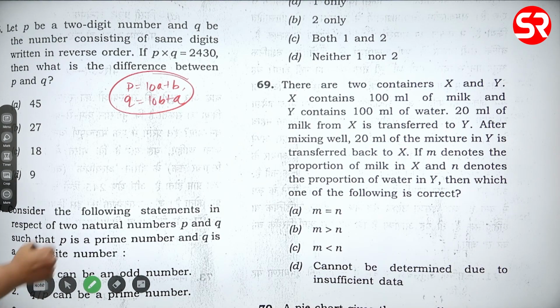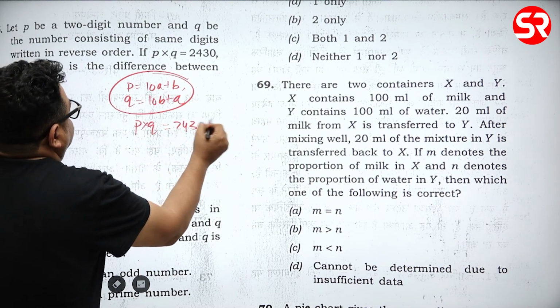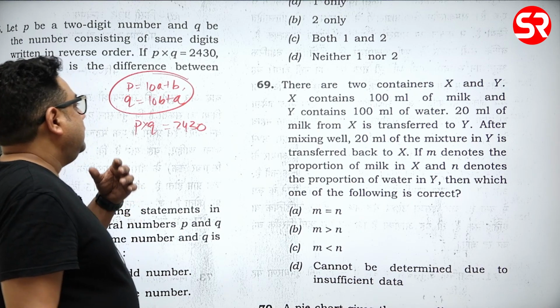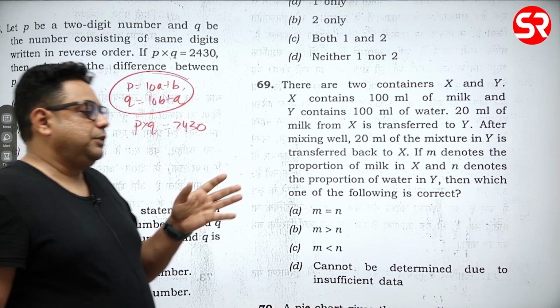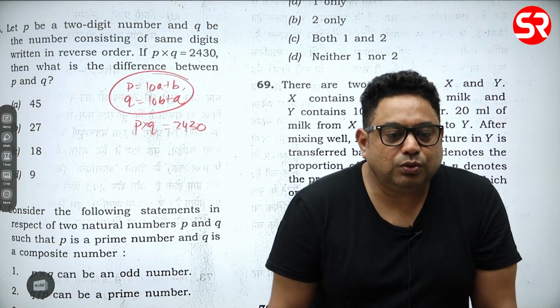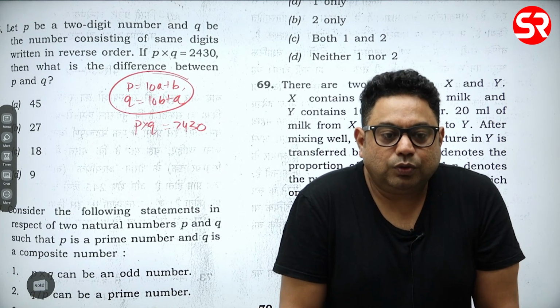P into Q is 2430. Then what is the difference between P and Q? There is no point putting this equation and solving it. Not possible. The only thing you could have done was to factorize 2430.